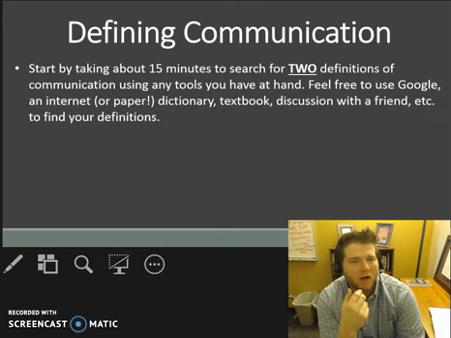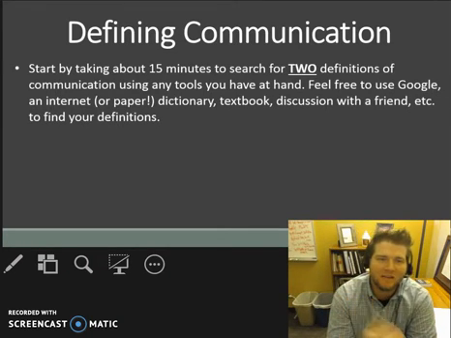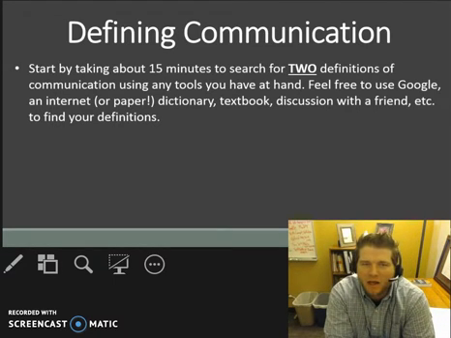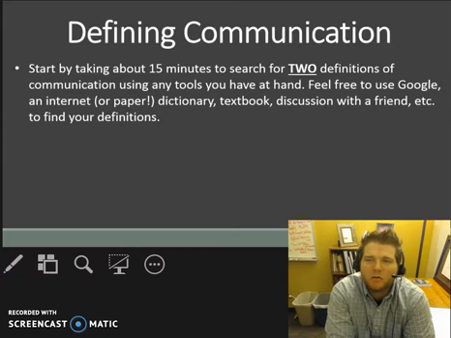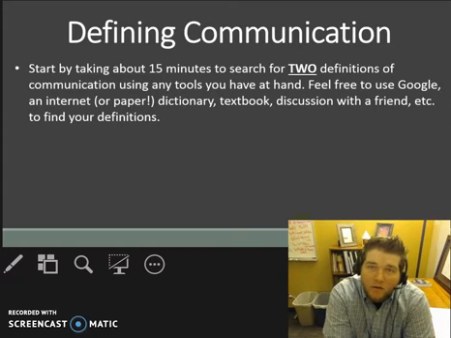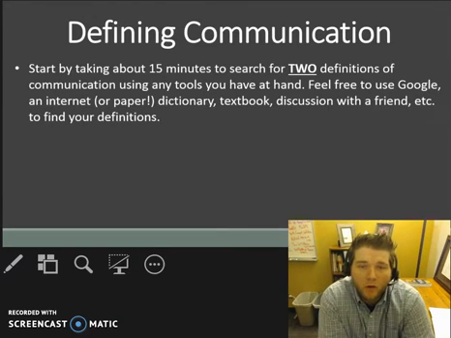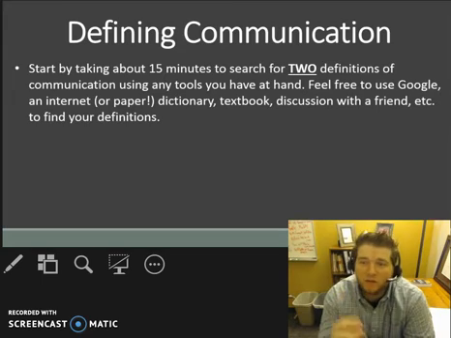Use an internet dictionary, paper dictionary, if you have one of those. Textbook from a past class, discussion with a friend. Pretty much any tool you have at hand, I am okay with you using to come up with one or both of your definitions. But you need to find the two definitions.